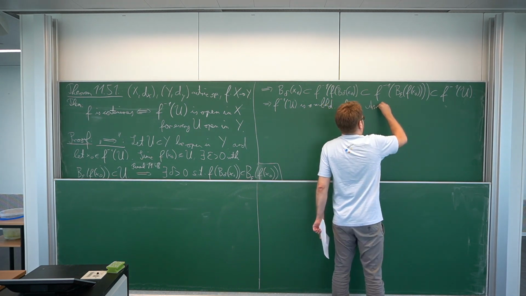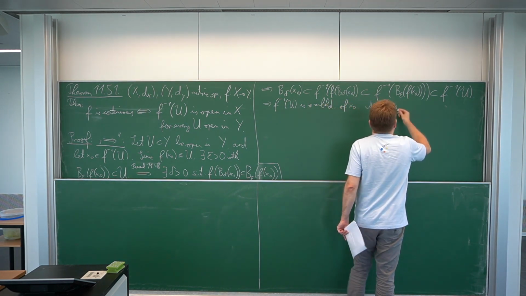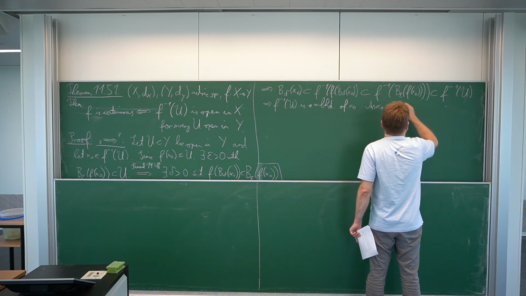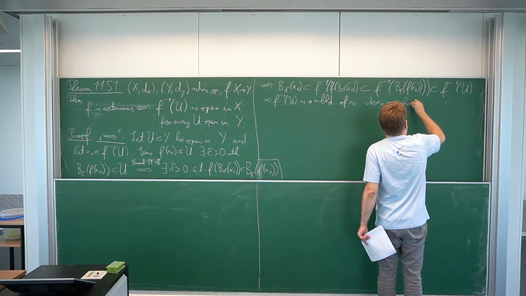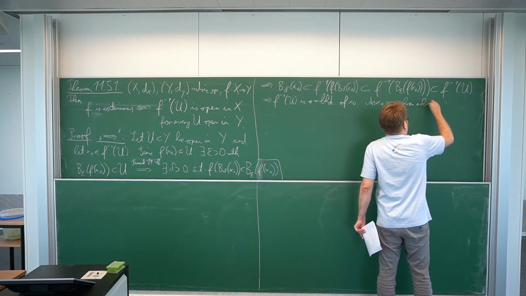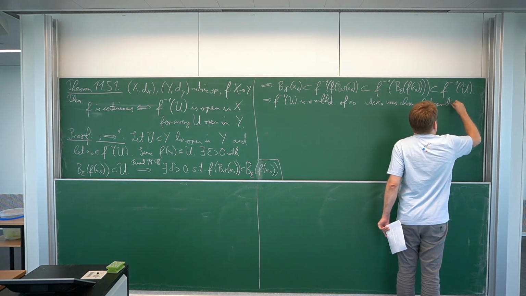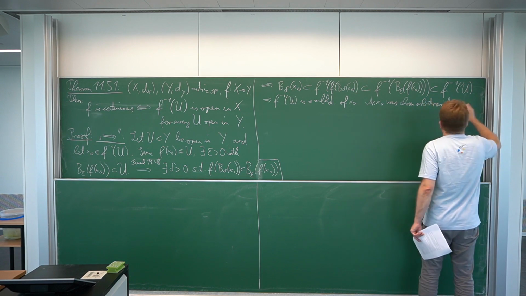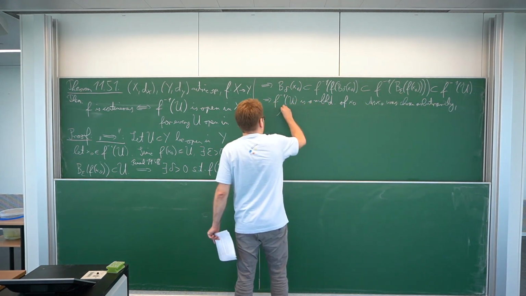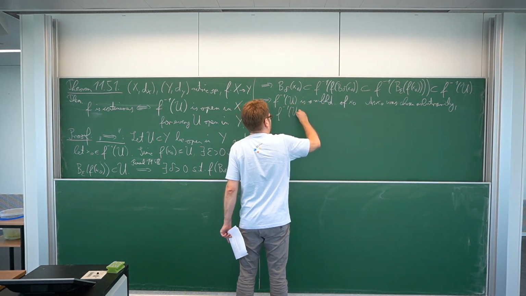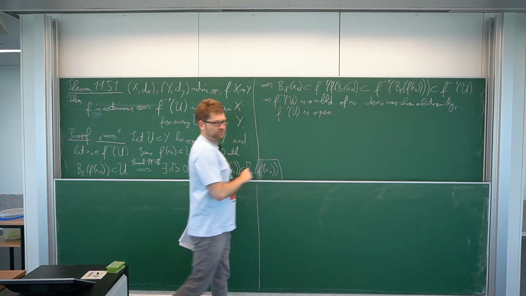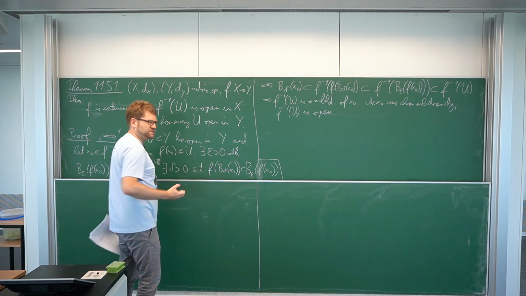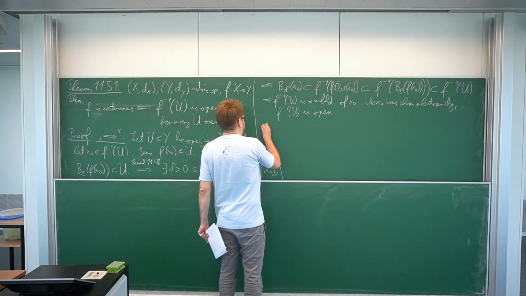And as x0 was chosen arbitrarily, this was just some point in this preimage, this shows that f to the minus 1 of U is open. Okay, this is what we wanted to show. U was an arbitrary open set, so the preimage is open.